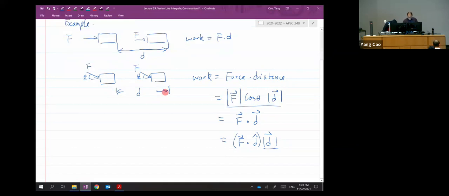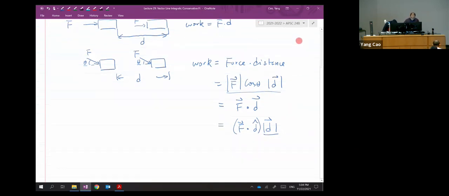So now you can establish in your head the total work in general. If a force is constant during the time of travel, then the formula is F dot D hat times the absolute value of D. Now let's extend this to a more general scenario.